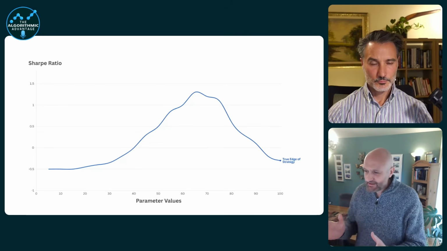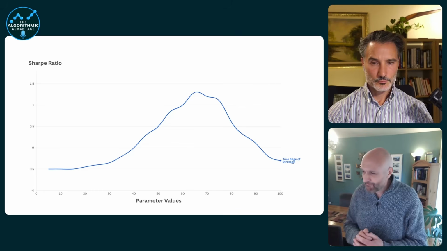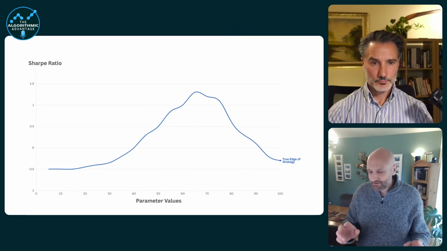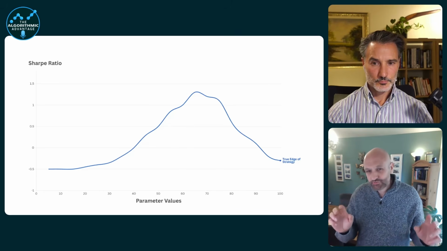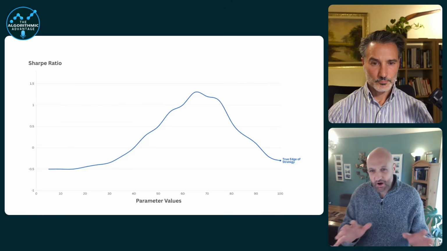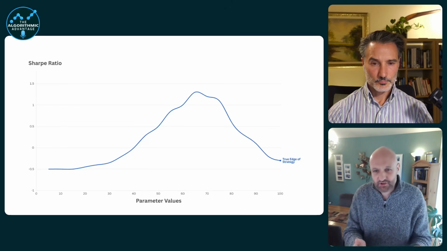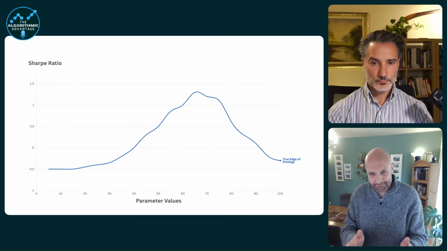Now, the curve that I've drawn on the chart represents, if you like, the true edge of that particular strategy or parameter.